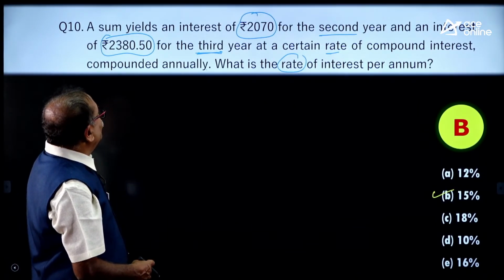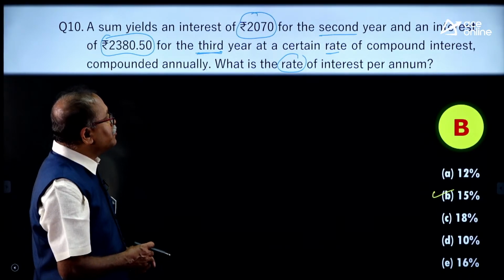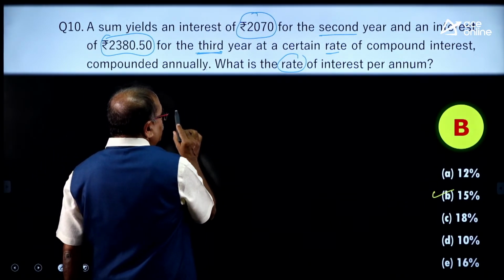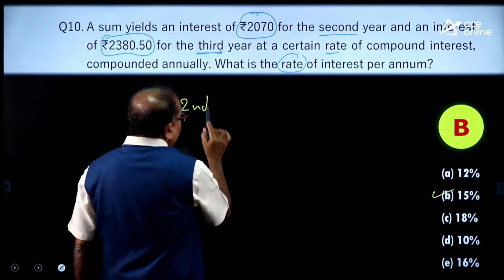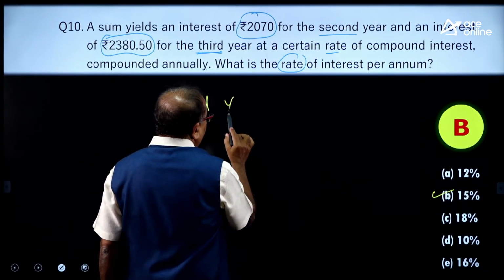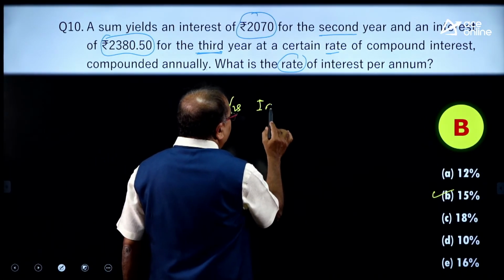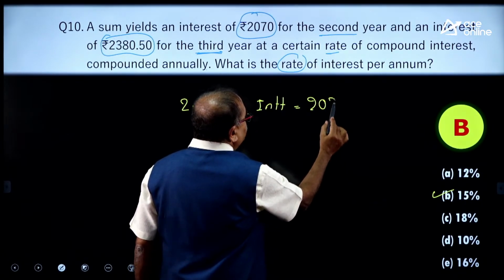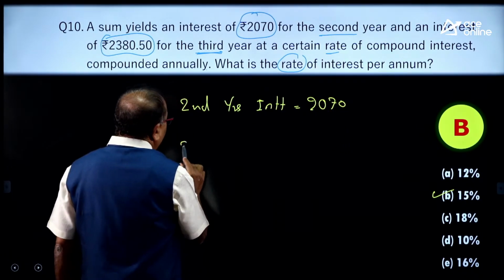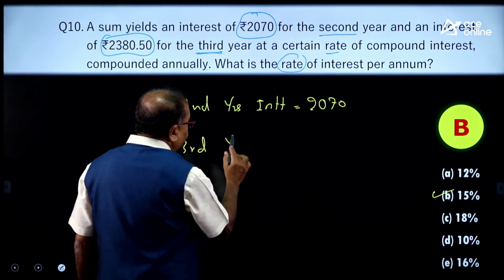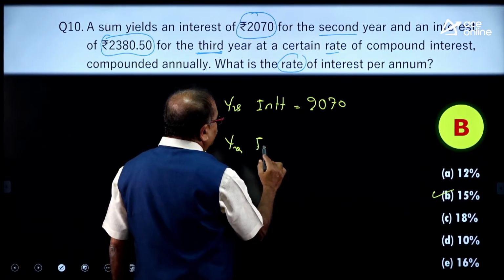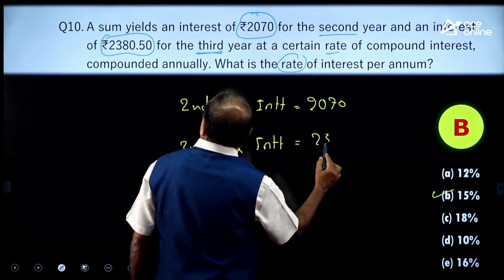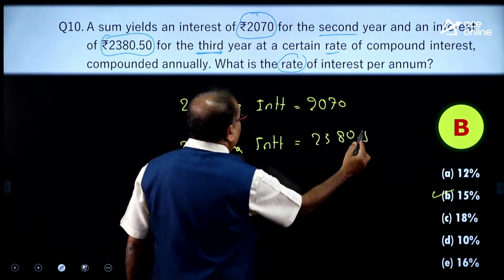Now, how do I find it out? Whenever we know the second year interest, the second year interest which is given to us is 2070, and we also have the third year interest, that is 2380.5.